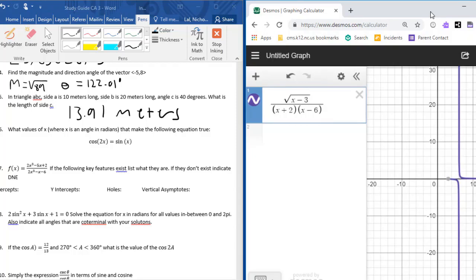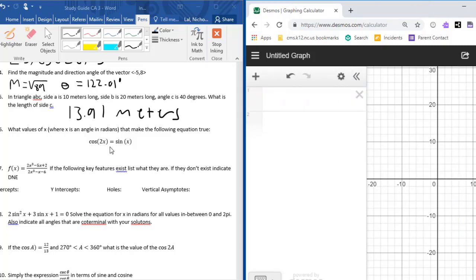This is a trick you've got to recognize for any type of equation. Anytime you have two equations that you can graph, and they're equal to each other, and you're solving for x, if you can graph both equations and find the x values of the points where they intersect, those will be the solutions.